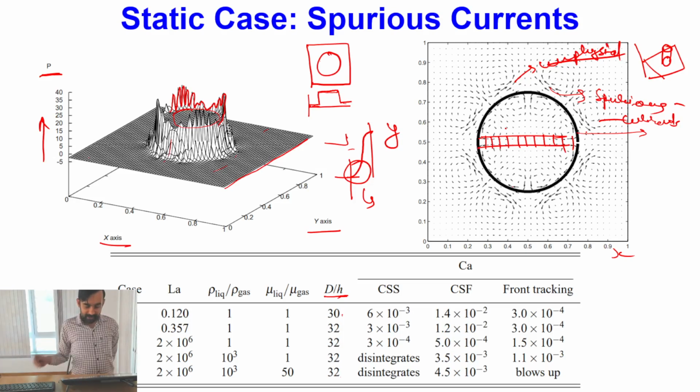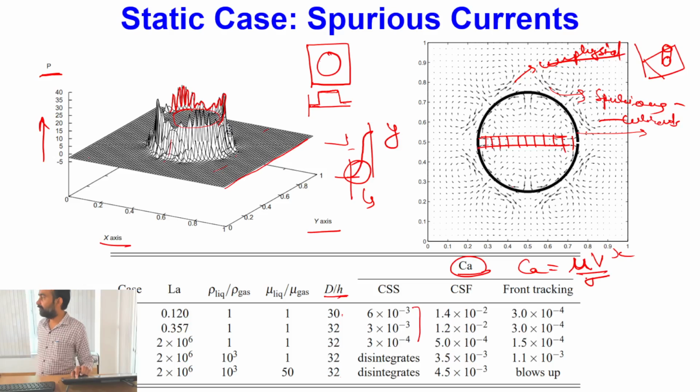In this scenario, if you use the CSS method, then this capillary number is calculated. What is the definition of capillary number? It is mu into V by sigma, where sigma is surface tension and V is velocity.